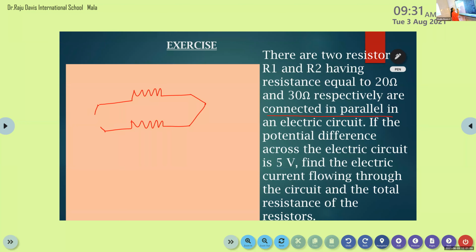The ends of these two resistors R1 and R2 are connected to the same end point. And the potential difference applied to this electric circuit is equal to 5 volt. It is connected to a battery or electric cell of 5 volt.